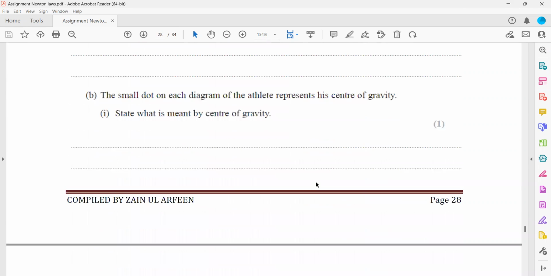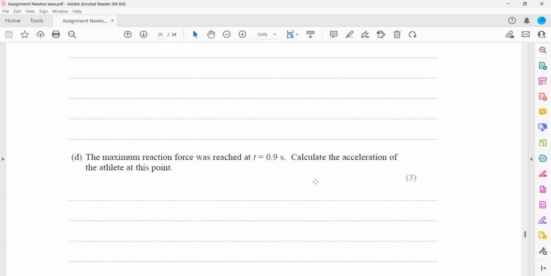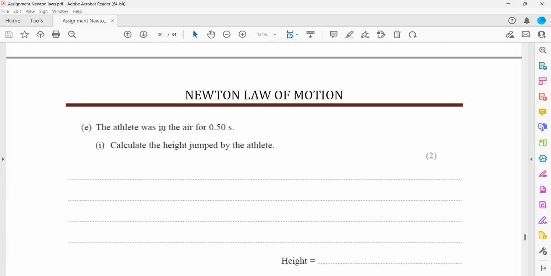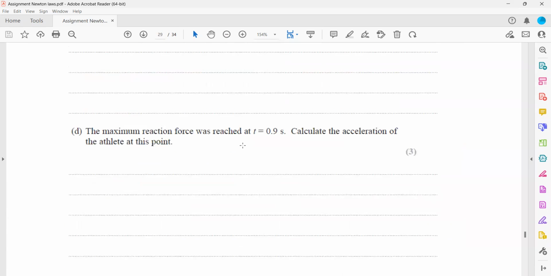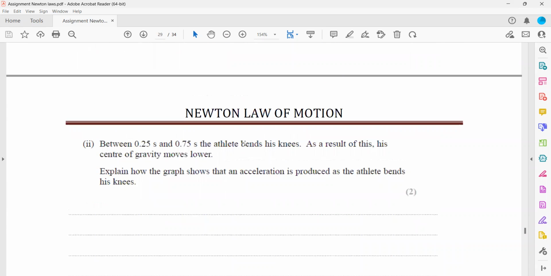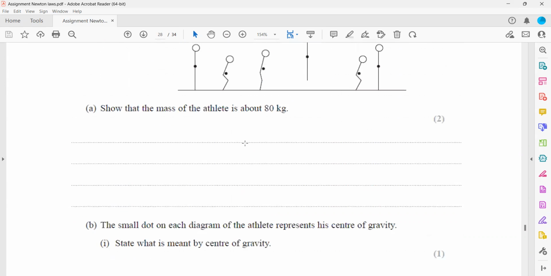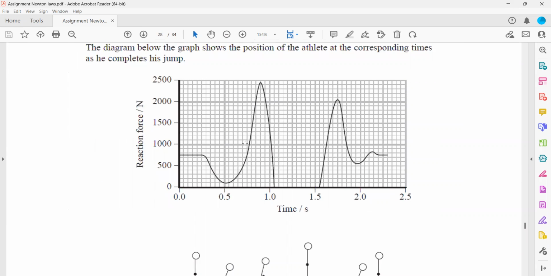About half a second he was in the air, as you can see from 1.01 to 1.51.